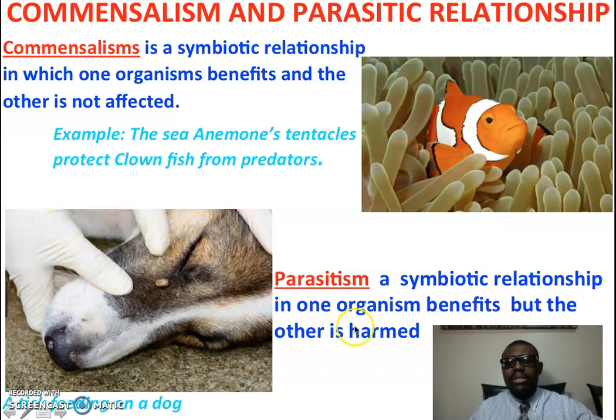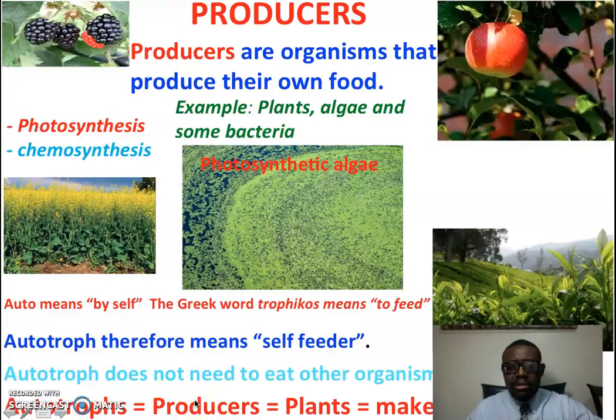So it's a symbiotic relationship in which one organism benefits, but the other is harmed. The parasite is benefiting, deriving food or nourishment. The dog here, which is the host, is being harmed. This is a tick feeding on a dog.